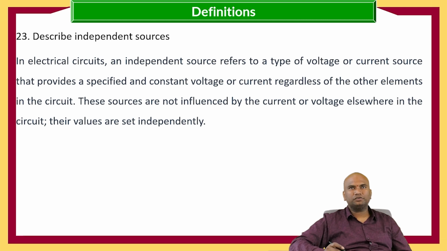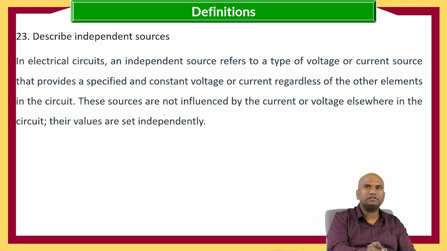Describe independent sources. The name itself says independent. The sources which are independent of the other parameters in the circuit are called independent sources. Here, the independent sources also include voltage sources and current sources.